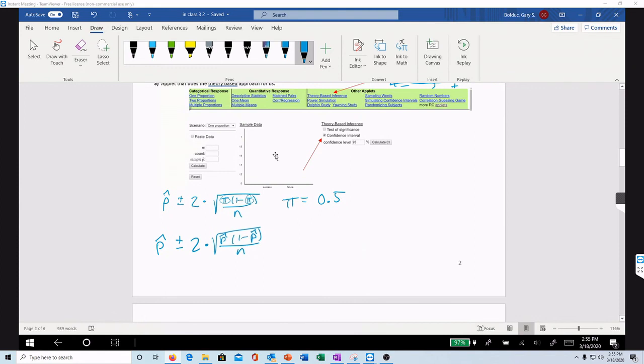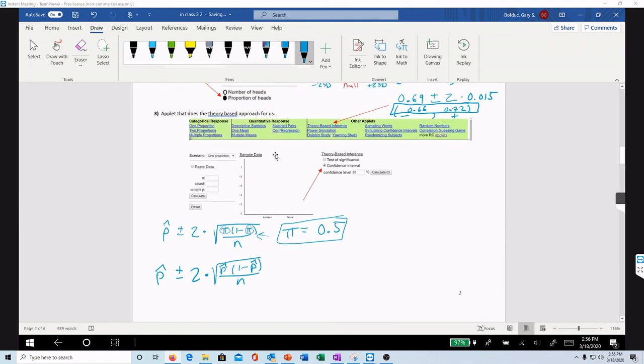We could convince ourselves, which isn't too much work, that picking pi equals 0.5 is a perfectly fine thing to do and gives us the most leeway possible. So if you're not sure, just go pi is 0.5 in this formula. That's the formula they're using to get an answer that looks very similar.